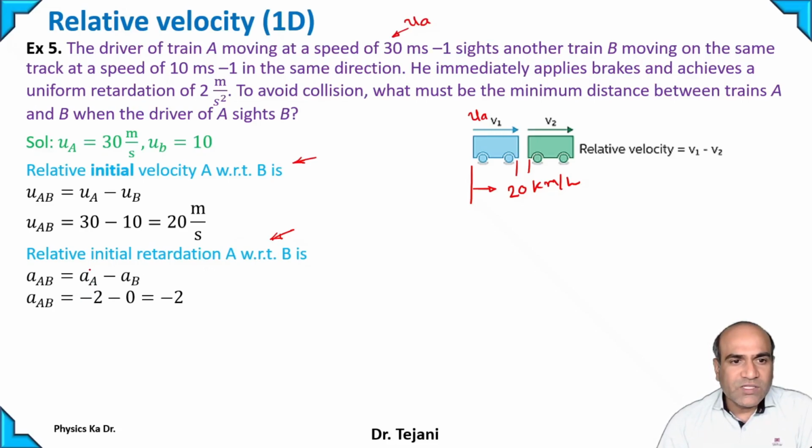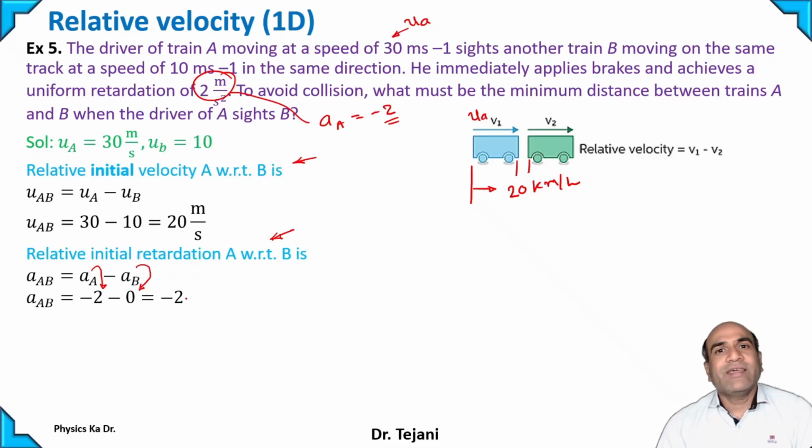So for train A, acceleration is given as -2, or you can say retardation, that's why the sign is minus. And B has acceleration 0 because it has uniform velocity, therefore the relative acceleration becomes -2.